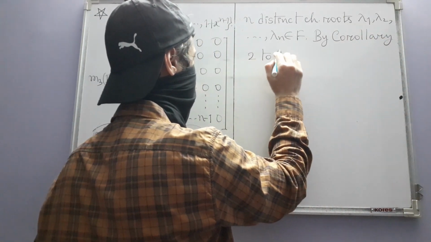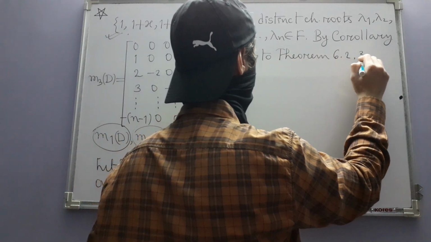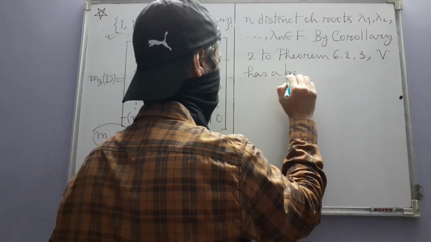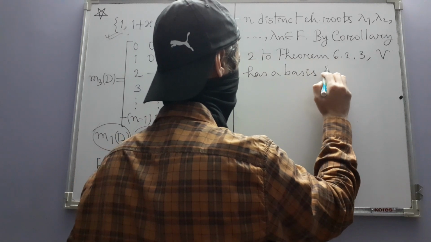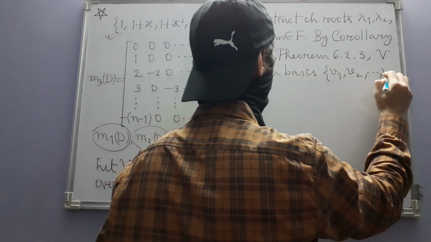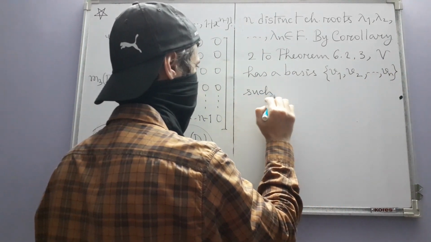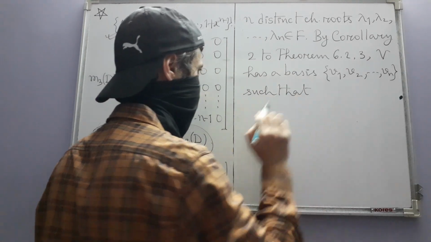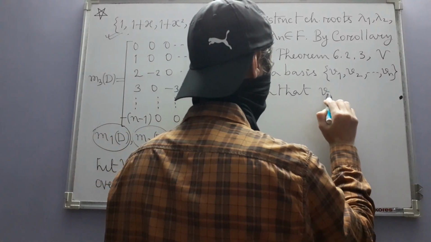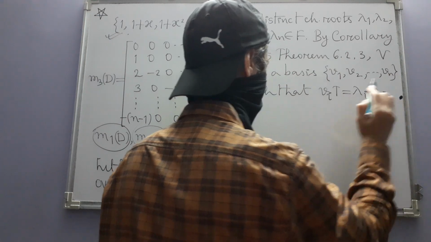V has a basis V1, V2 and so on up to Vn such that Vi T is equal to lambda i Vi.